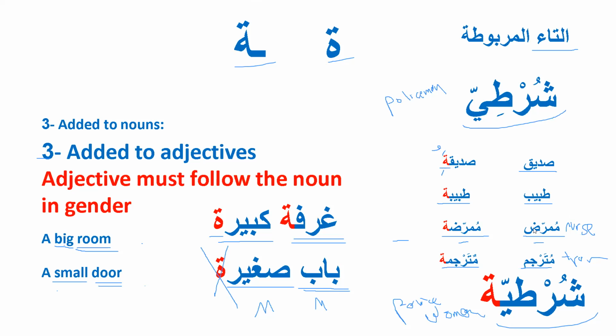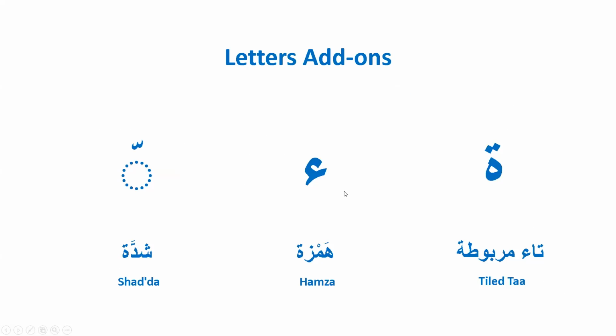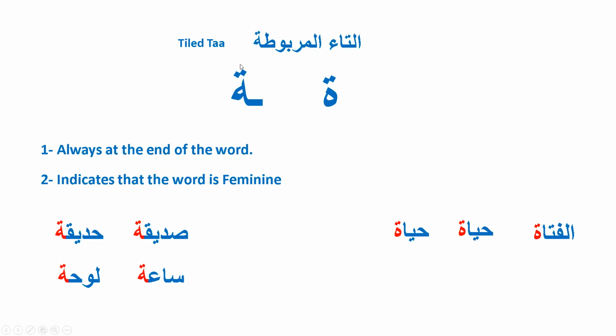Okay, so until now, let's repeat again. We said that we have ta marbuta, the first add-on to the letters. It's called ta marbuta, which is translated into English as tied ta, or closed ta, because as you can see, it's closed.